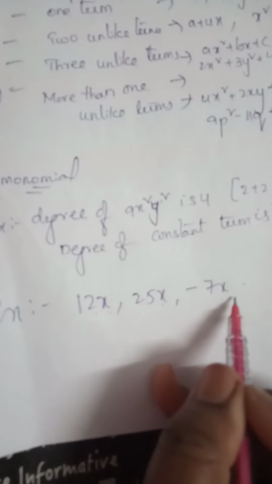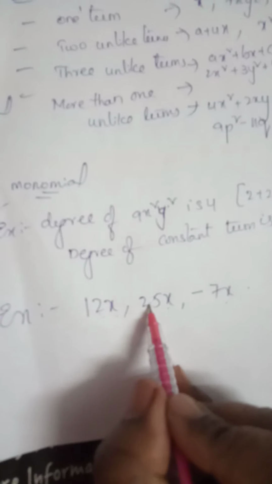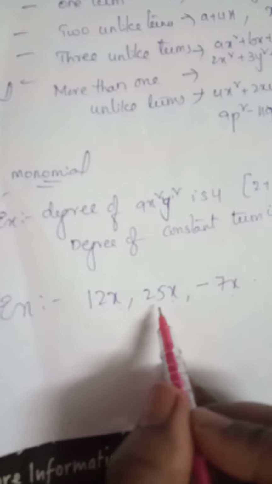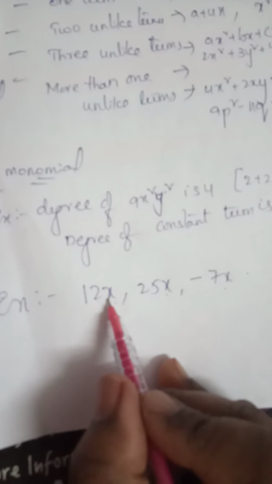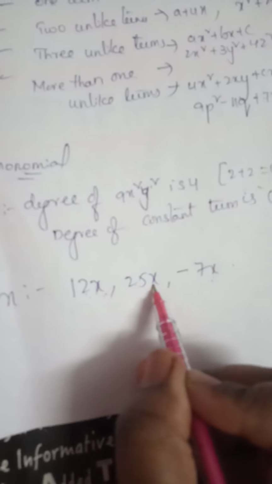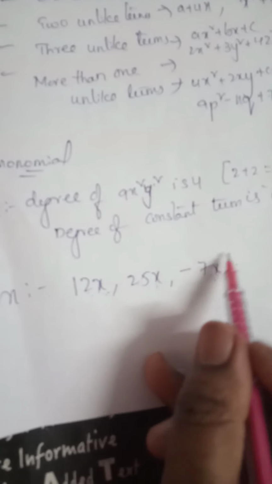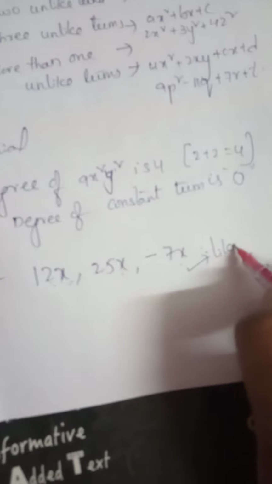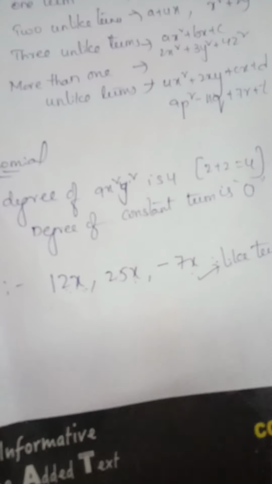Here you see only the variable x in each term. Here 12, 25, 7 are numbers, and you cannot see other variables, only the variable x. So these are called like terms. Yes, understood?